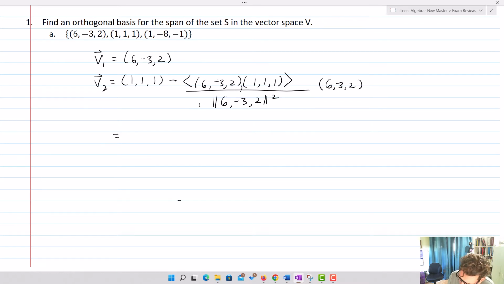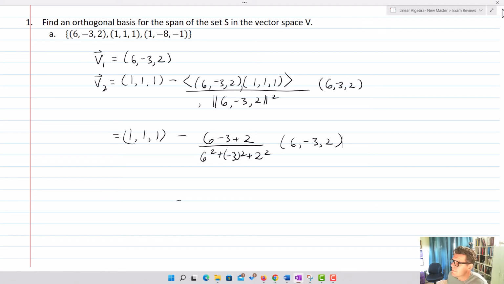When we do that, we get (1, 1, 1) minus (6 - 3 + 2) divided by 6 squared plus (-3) squared plus 2 squared, times (6, -3, 2).